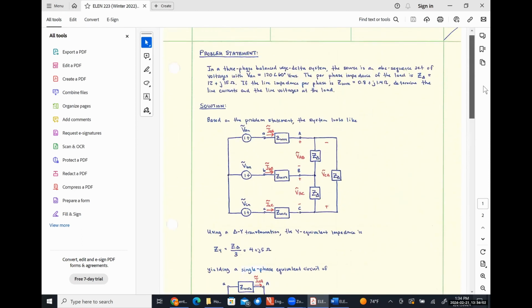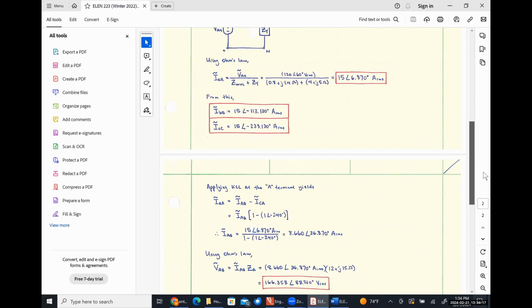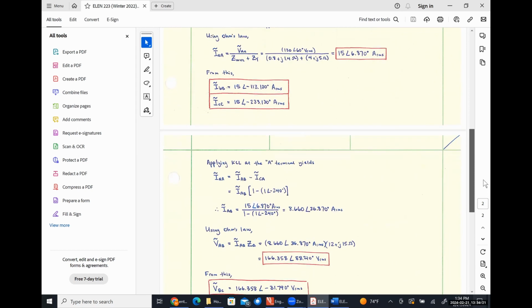I think that's what I would have done. Line currents and line voltages. Okay, so line currents are easy, line voltages. So let's see, what did I do here? I found IAB and then I used Ohm's law.